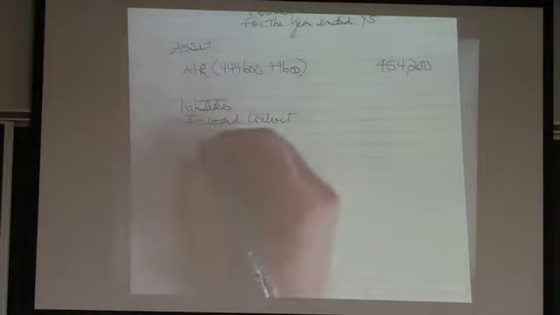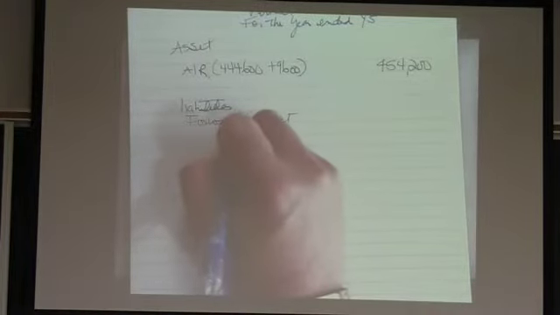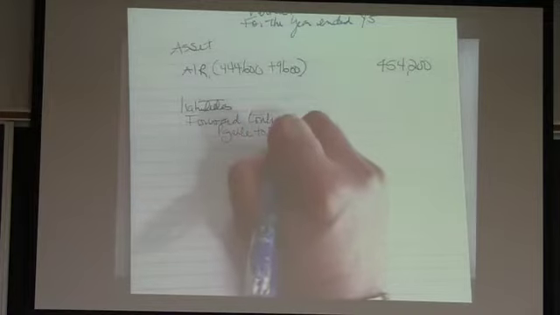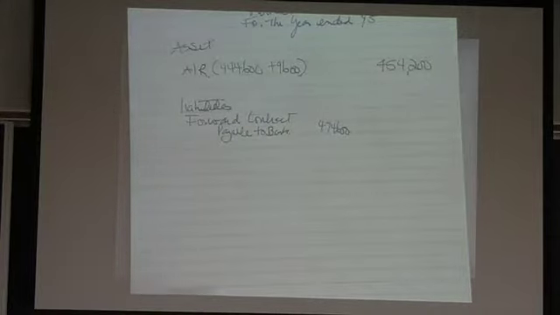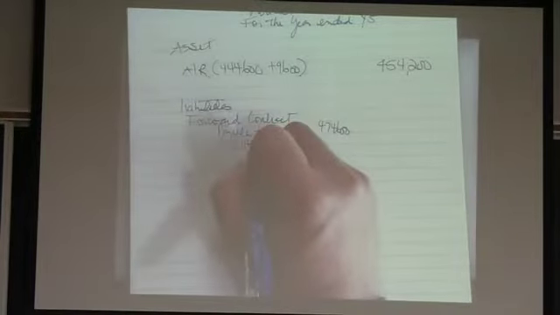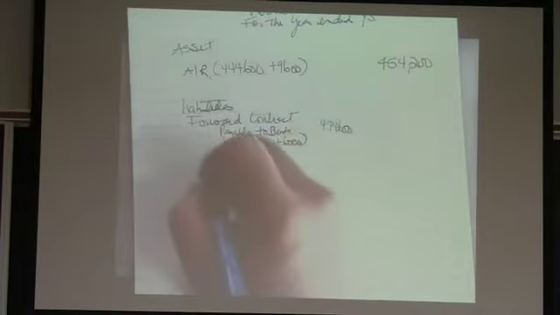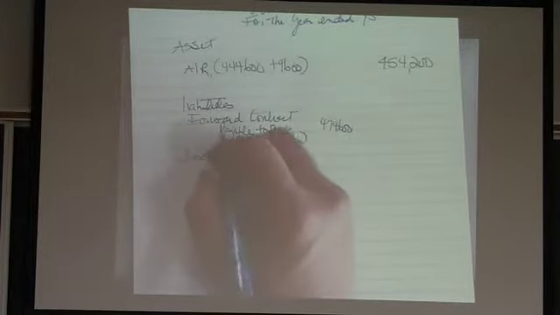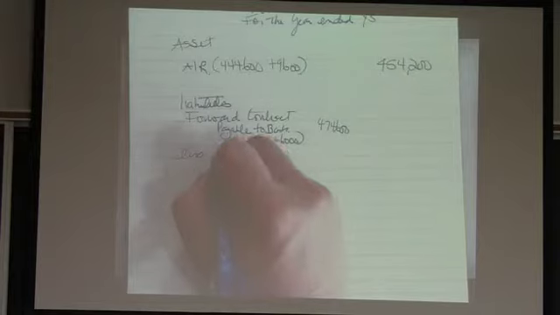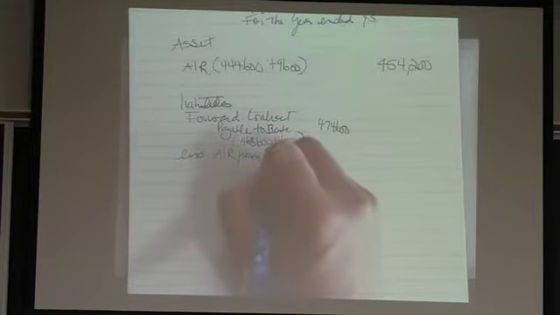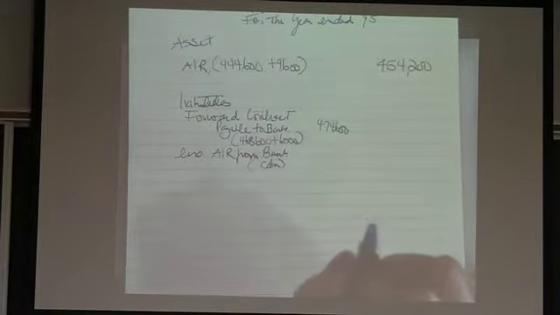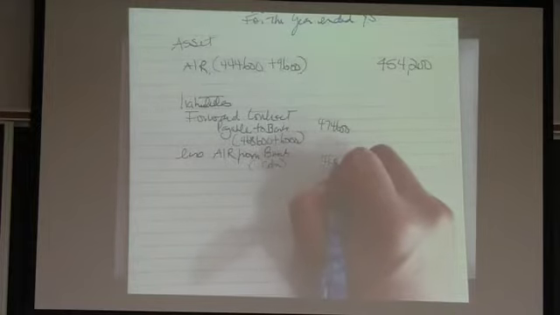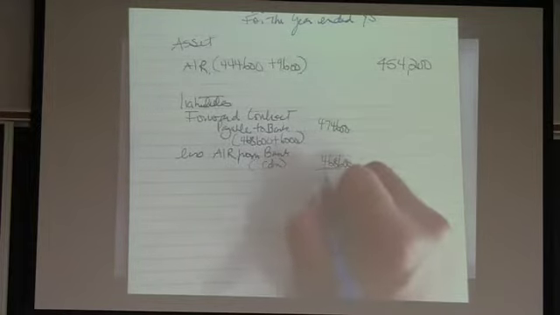So you've got payable to bank, $474,600, which is the difference between $468,600 plus the 6,000, less the receivable from bank. And that's the Canadian amount, isn't it? 468,600.